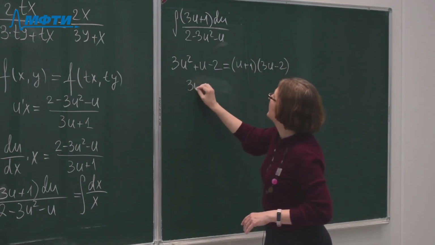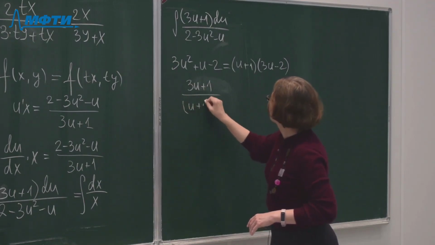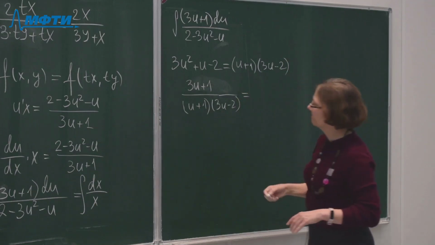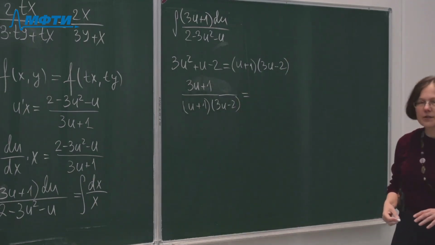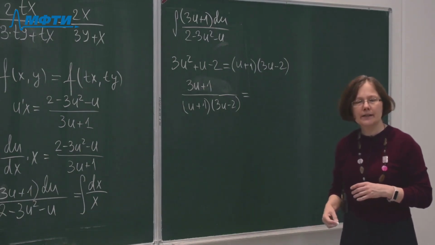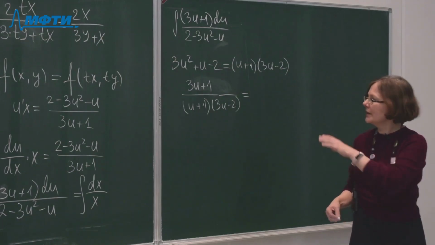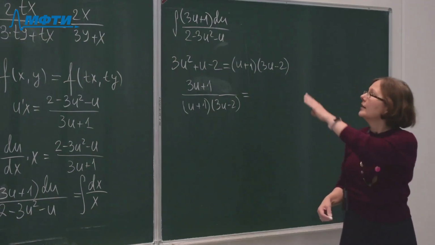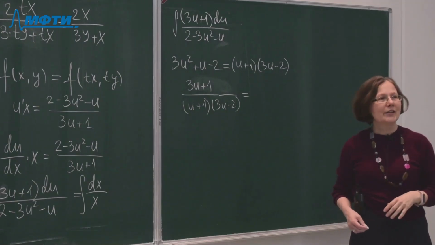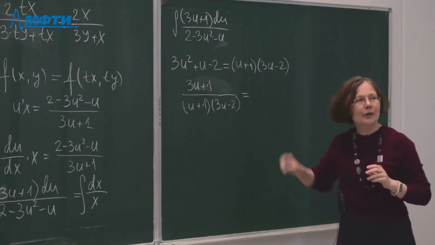So then 3u plus 1 over u plus 1 times 3u minus 2 can be represented using partial fraction decomposition, right? It is used for integrating rational functions like this.